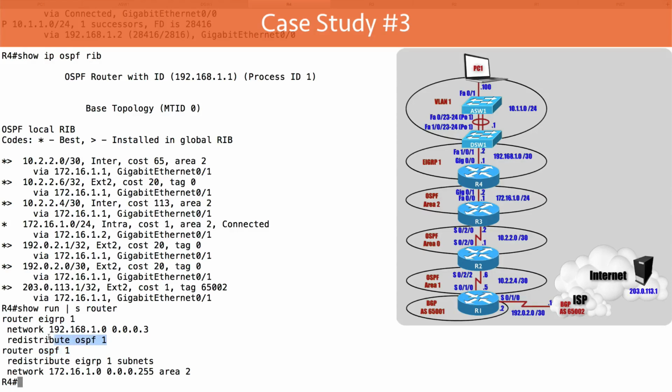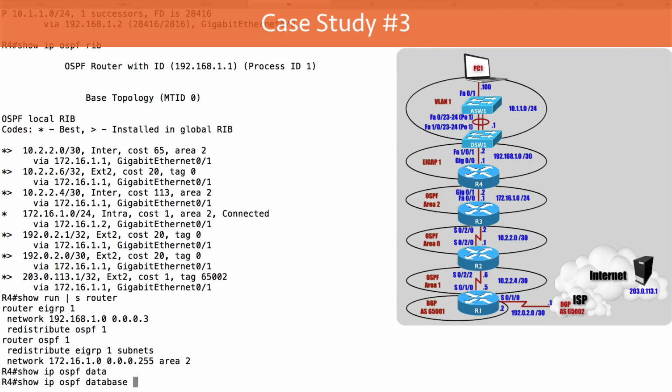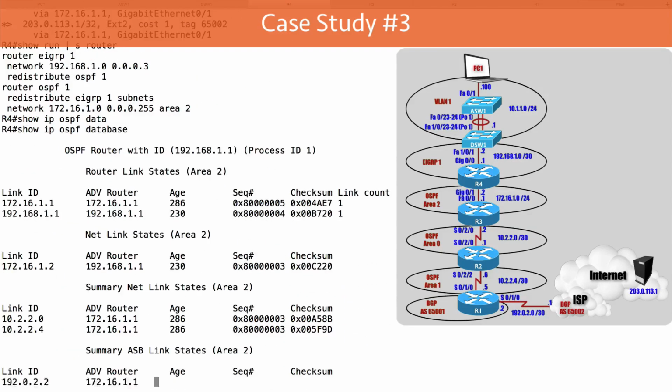Under EIGRP, I'm saying redistribute OSPF process ID 1. And under OSPF, I'm saying redistribute EIGRP autonomous system 1. And I've given the subnets keyword to say don't just redistribute classful networks, redistribute subnets as well. And another way to look at routes known to OSPF is to do a show ip ospf database command.